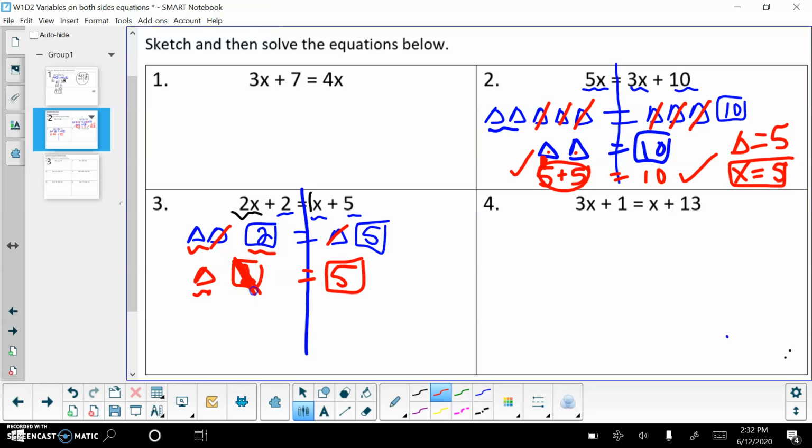So if I take away the 2 cube here, which I can do, but if I take it away from that side, then I need to take it away, which is a subtract, from the right side. And then I can just do 5 minus 2 is 3. And all I have left on the left side is one triangle. And one triangle equals an x. So now I know that x equals 3, and I don't even have to do the guess and check because I just had one triangle left.